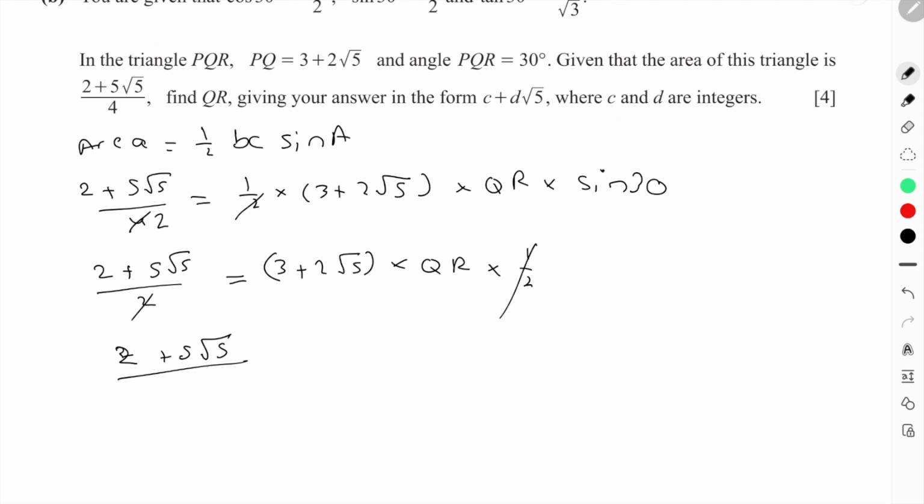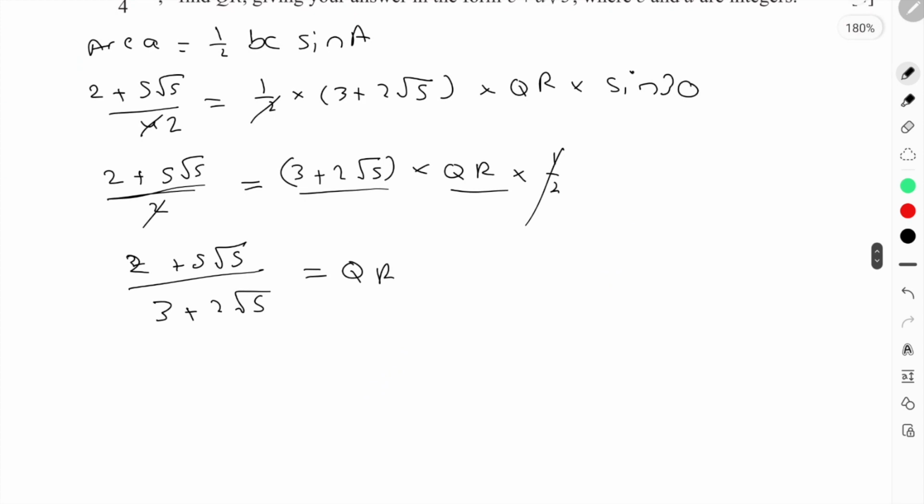So everything gets cancelled out except this term, and this term. And then when you divide both sides by 3 plus 2 root 5, we get QR. And now we got to rationalize the denominator. And then we do that by writing its conjugate.